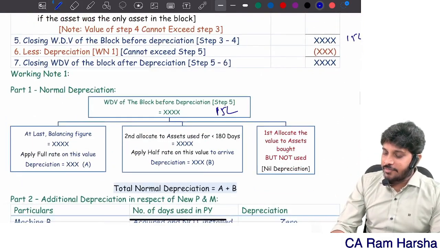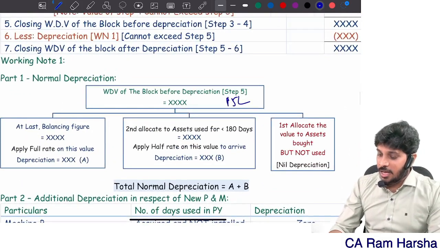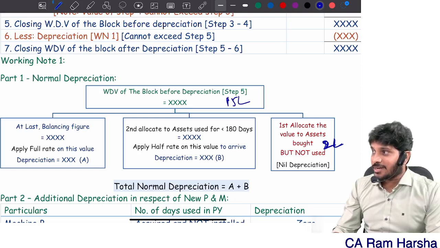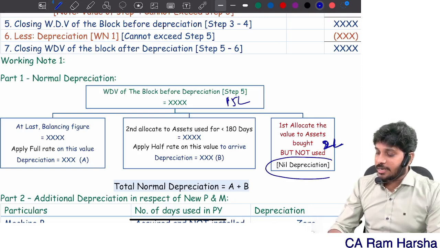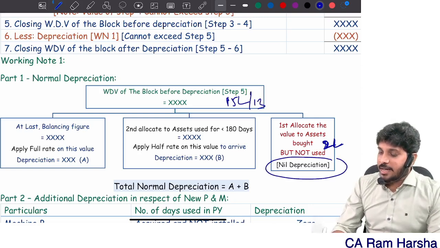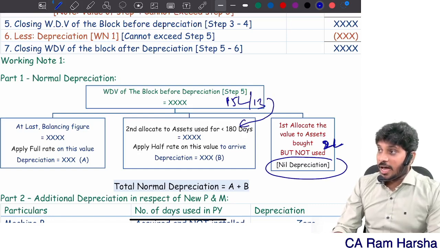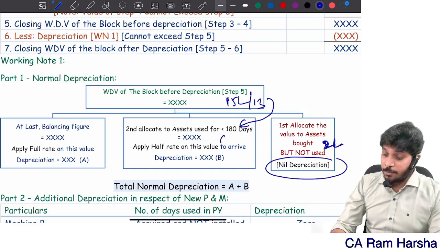Now we will allocate 15 lakh here. Out of 15 lakh, first 2 lakh I will allocate here. What is the depreciation? Nil. Balance I have is 13. Less than 180 we have a total amount of 6 lakhs, so up to 6 lakhs we can allocate.